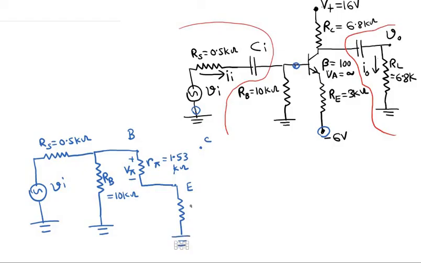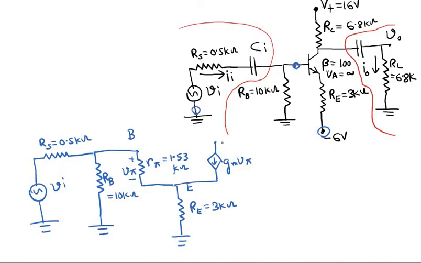RE is equal to 3 kilo ohms, and the collector to emitter terminal is basically represented by a dependent current source gm V pi over here. So this is gm V pi. Ideally, all of this should be written in italics and in lower case, because we are denoting AC components.